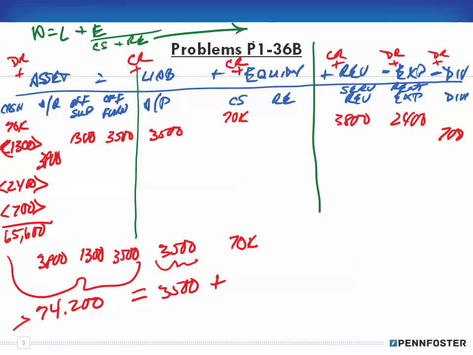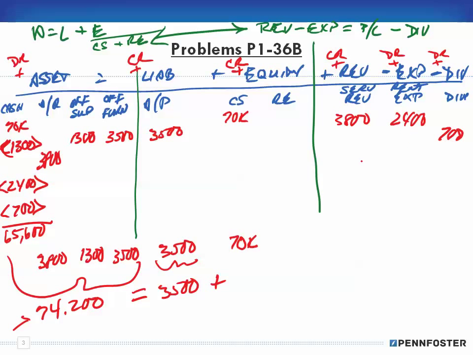To get retained earnings, we take from the income statement our revenues less our expenses, which equals our profit or loss, minus our dividends. So we have to take this all into consideration in order to know how much profit or loss is actually going over to our retained earnings, which makes up part of our equity.